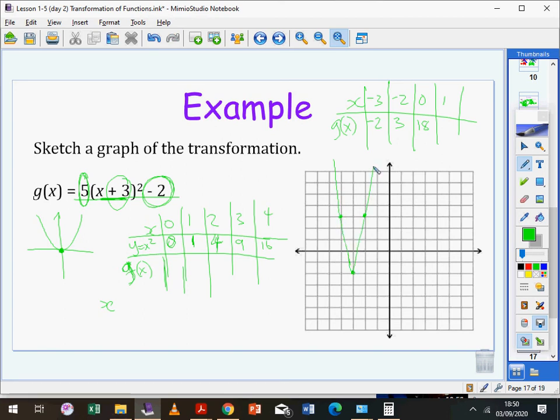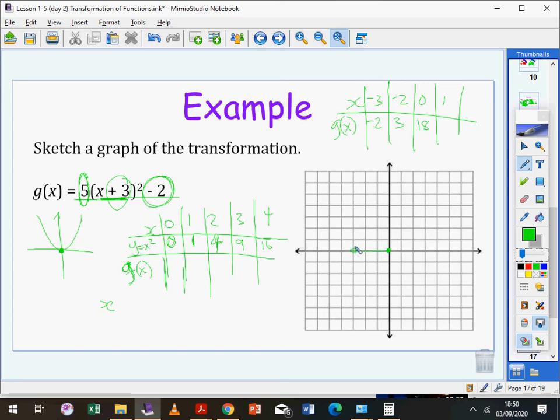Right? But like I said, you don't have to use these tables if you don't have the time. You can just look at the graph and know that this point, the intercept, is going to be moved 3 units to the left.